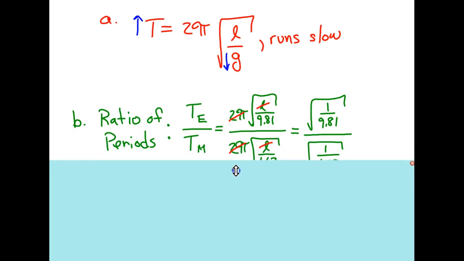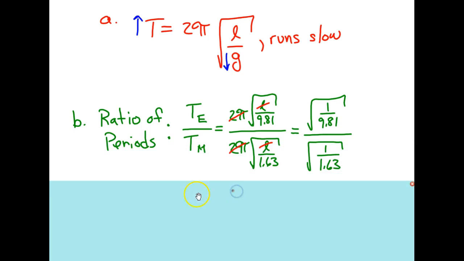The first thing we need to do in this problem is to find the ratio of the periods. And the reason that we're doing that is that we're finding the ratio of time, pendulum time, on the moon. In other words, we know what pendulum time is on the Earth. What is pendulum time on the moon?